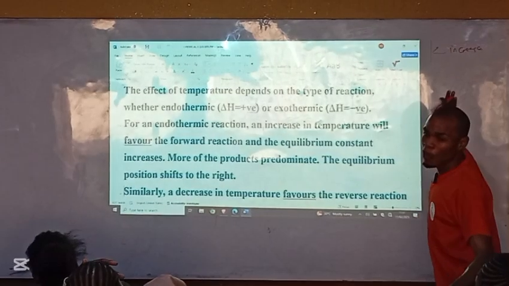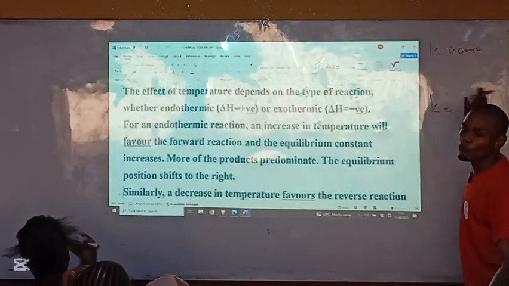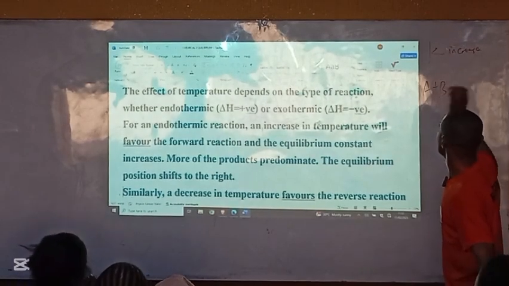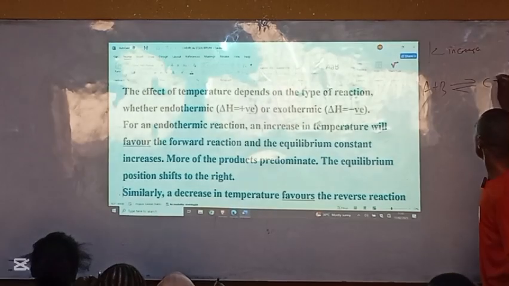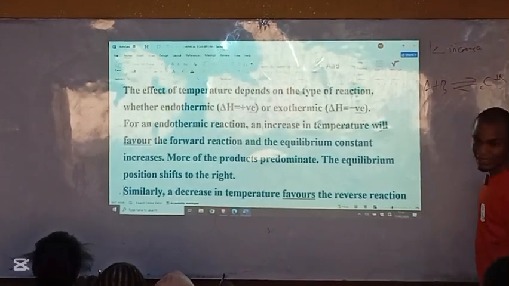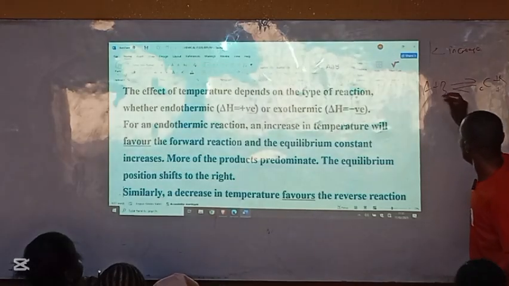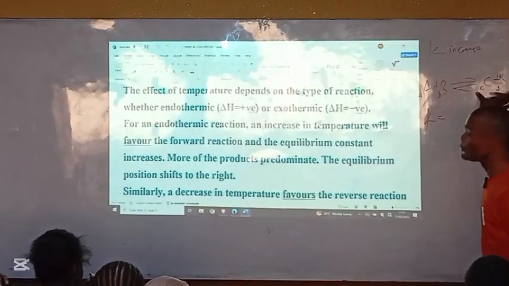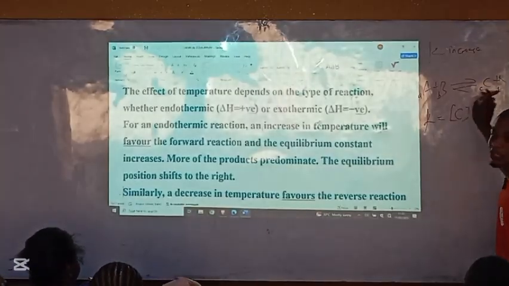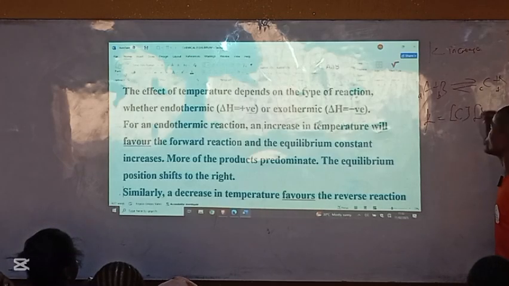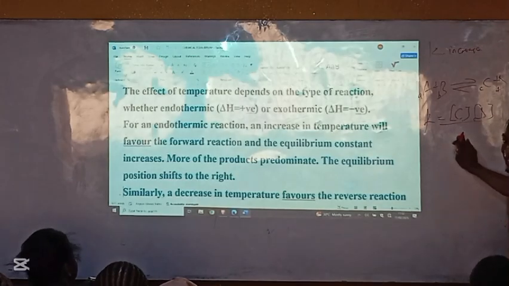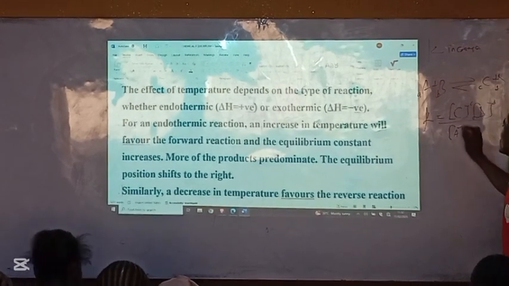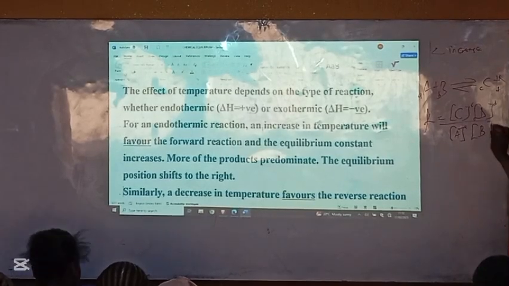And what is the equilibrium constant? It is the ratio of the concentration of the products over the reactants. If I have something like this, reactants A and B forming products C plus D, with small letters c, d, a, b as the coefficients, the equilibrium constant is the ratio of the concentration of the products, C to the power c times D to the power d, over the concentration of the reactants, A to the power a times B to the power b.